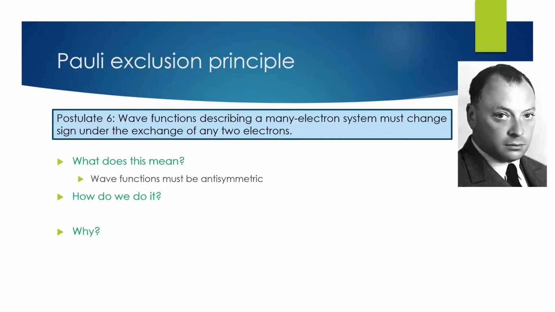I just mentioned we have to have these anti-symmetric wave functions, but how can we make sure our wave functions are anti-symmetric? It turns out that the way to do so is by constructing Slater determinants. If you haven't taken linear algebra, you probably haven't had too much experience with determinants, but rest assured they are relatively easy to determine.